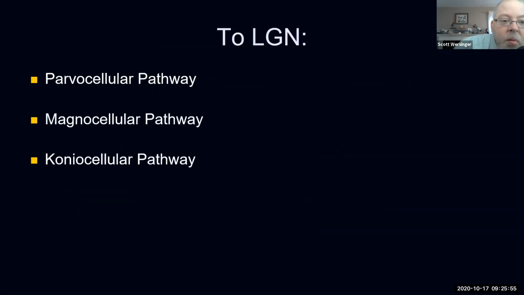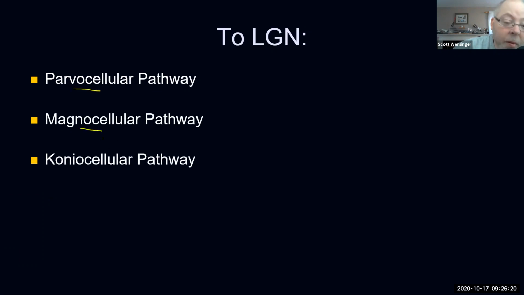All right. Now, when we go from these retinal ganglion cells to the lateral geniculate nucleus, we're going to follow pathways. And again, these pathways are logically named. So those parvocellular cells are going to form the parvocellular pathway.